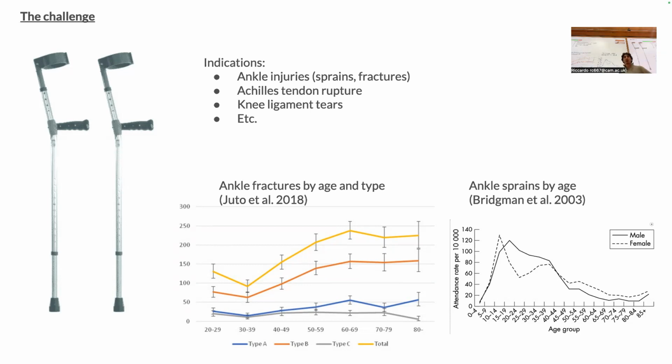It includes both young people because of ankle sprains, as is shown on this right-hand side, as well as older people, from 60, 70, 80 plus, because of ankle fractures. But also the indications are basically any sort of lower limb injury that requires rehabilitation.